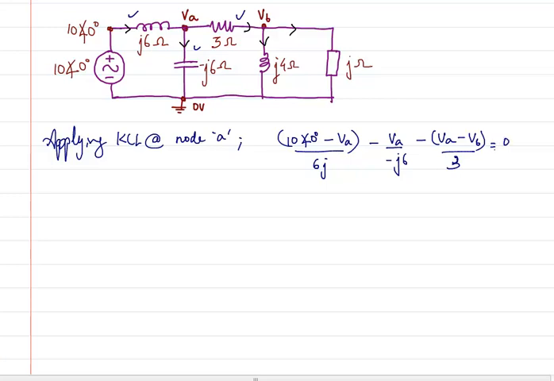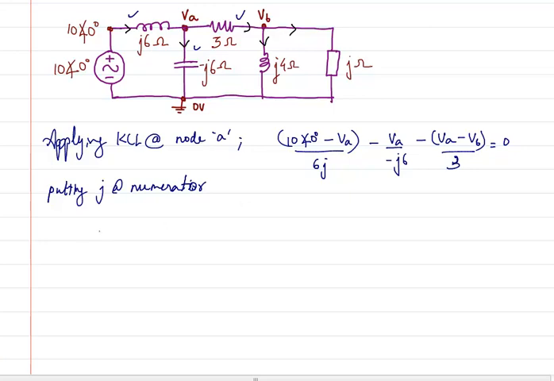Now generally the next step would have been to multiply with the LCM or a certain number so that the denominator cancels off. But what I generally do is first take the J to the numerator. Wherever you have J at the denominator, you put it at the numerator.